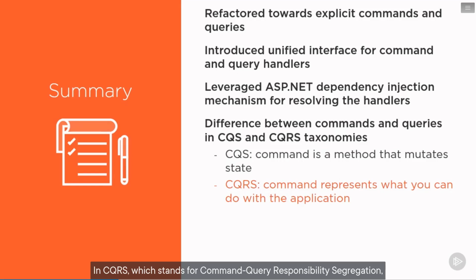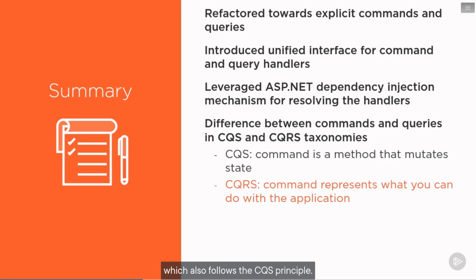In CQRS, which stands for Command Query Responsibility Segregation, a command or a query is a class that represents what you can do with the application. This class has a handler with a single handle method, which also follows the CQS principle.